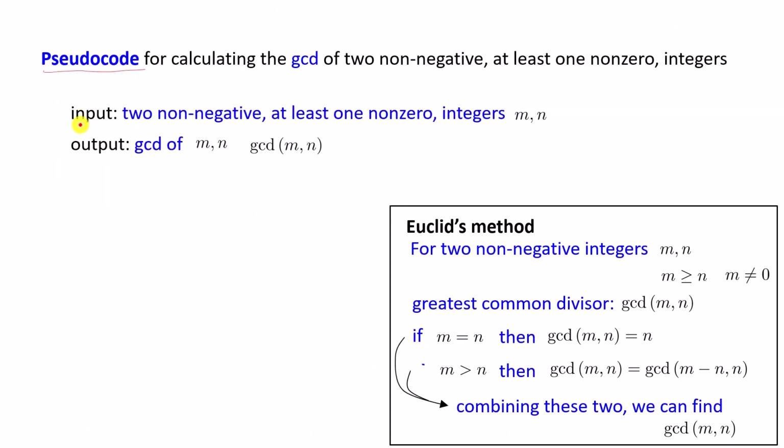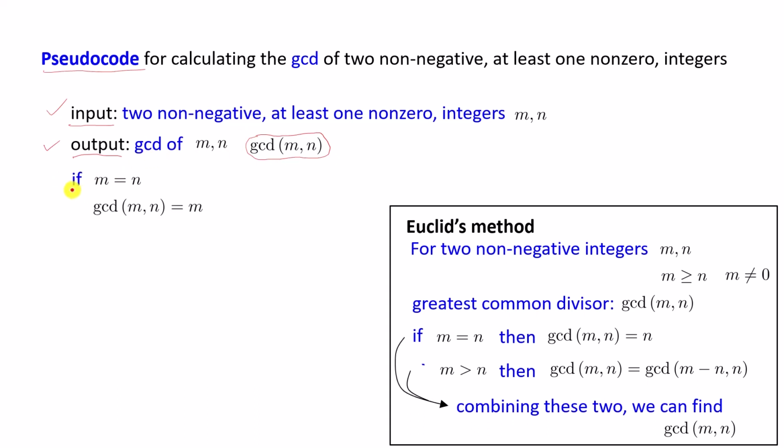To write the pseudocode, usually what we do is that first we write the input and output. So in this case, our input is 2 non-negative and at least 1 non-zero integers. And my output is GCD of m and n, which I am writing as GCD mn.